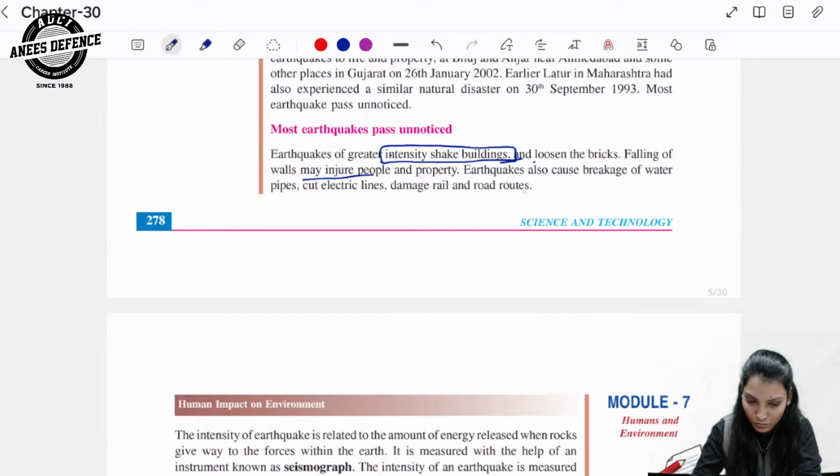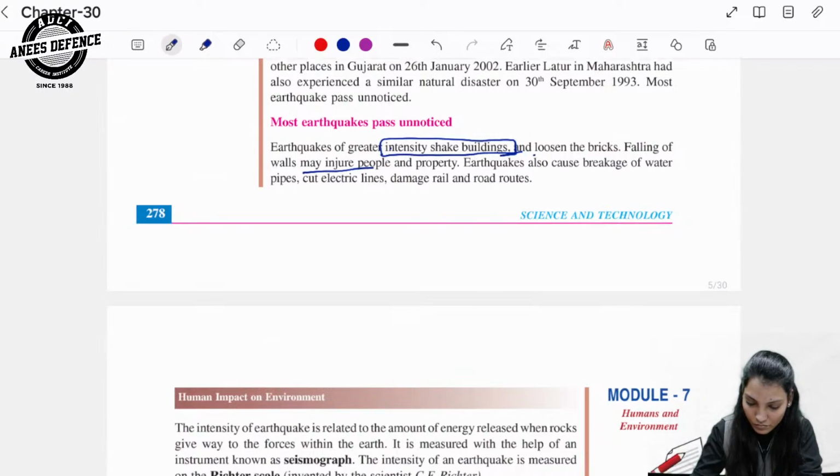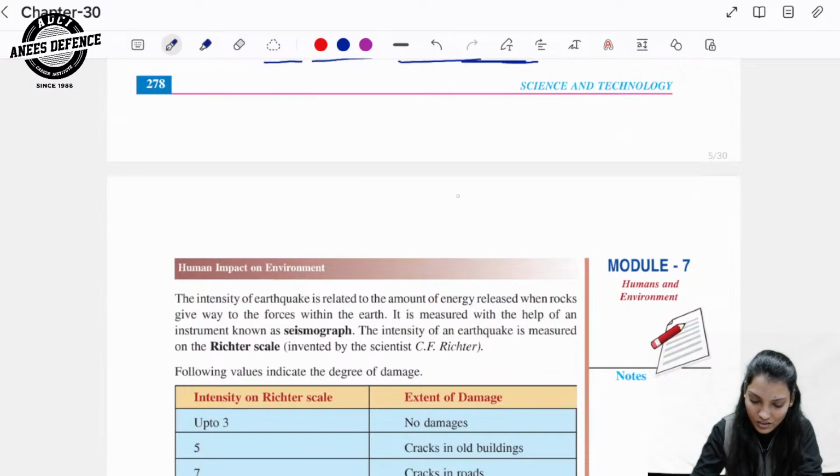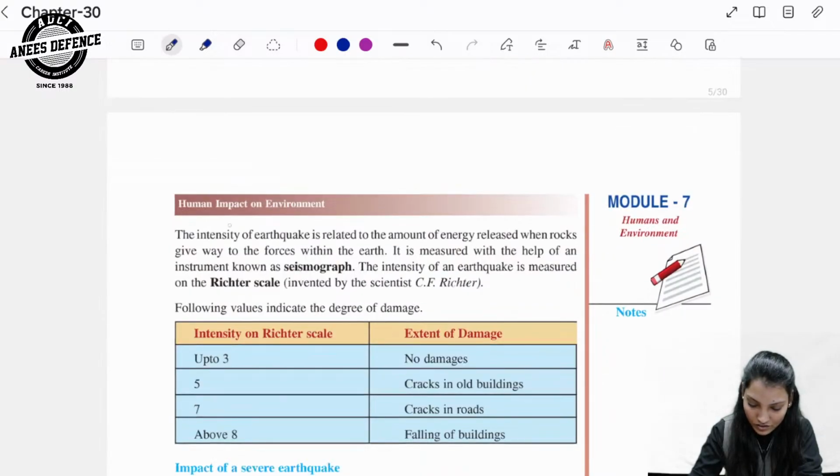You should evacuate from that location whenever the earthquake situation is there. Because of an earthquake, pipelines get broken, electricity lines get cut, and there is damage to the railway tracks and road routes. So these are the impacts of the earthquake.